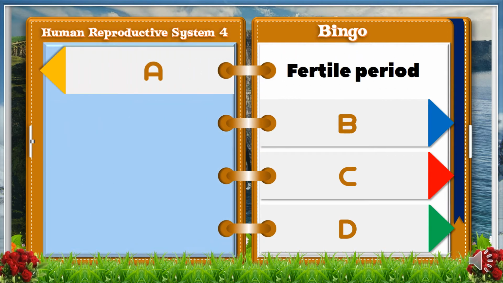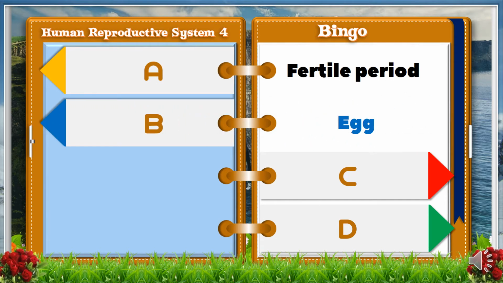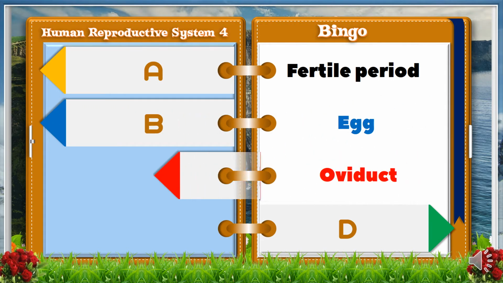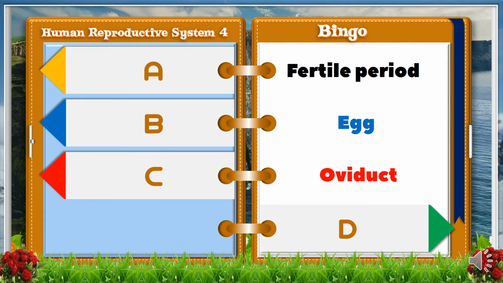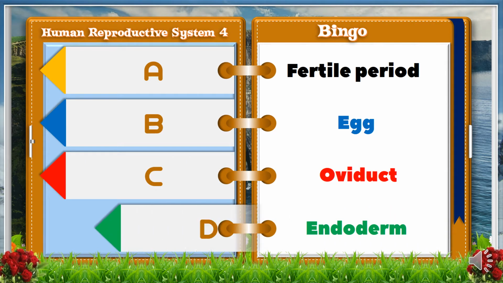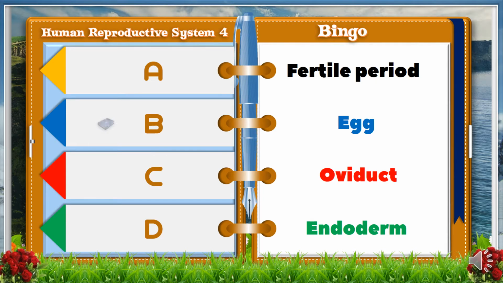A. Fertile period. B. Egg. C. Oviduct. D. Endoderm. And the answer is B. Egg.